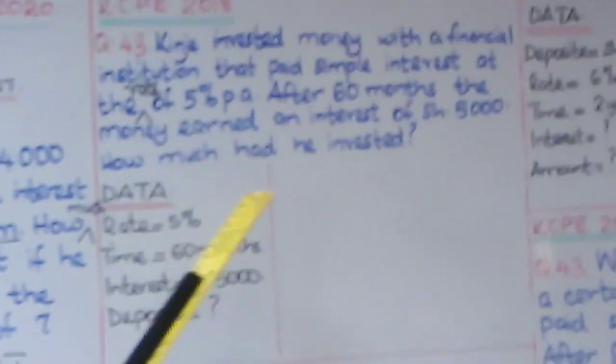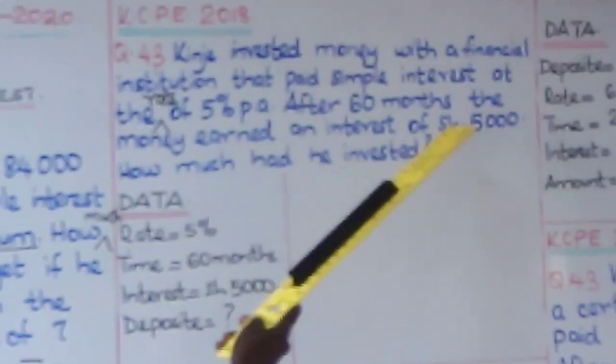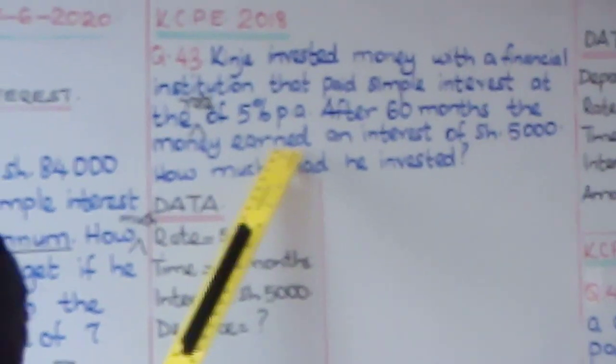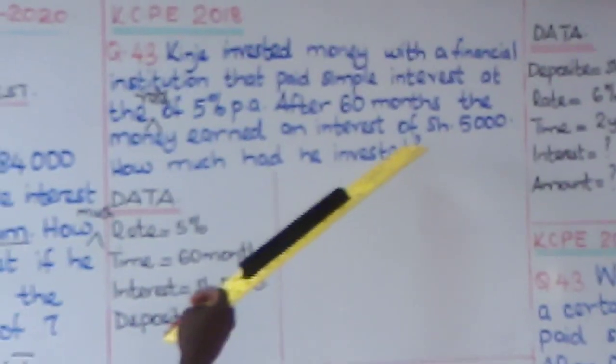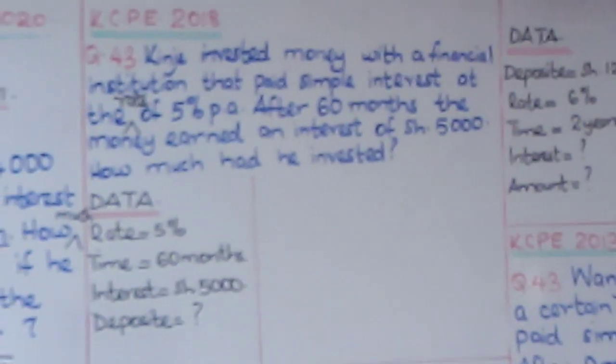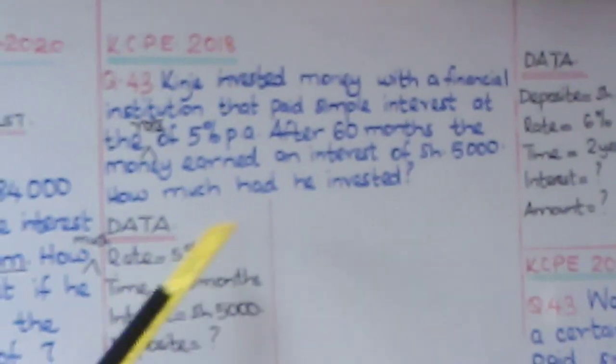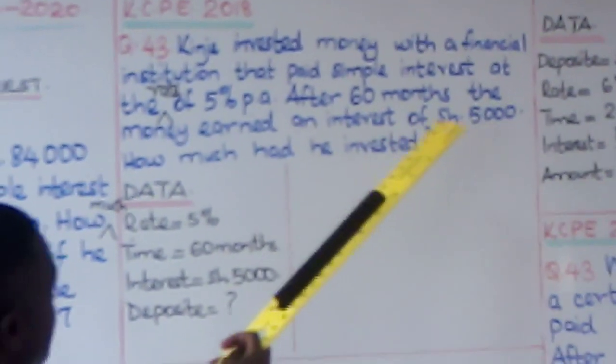PA means per annum. After 60 months, the money earned an interest of 5,000 shillings. How much had he invested?